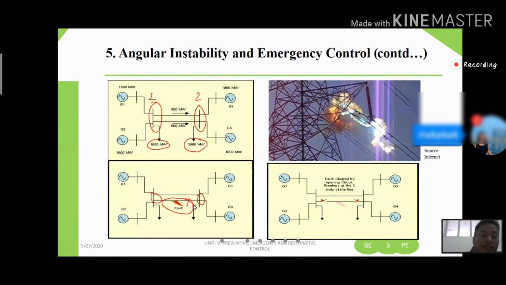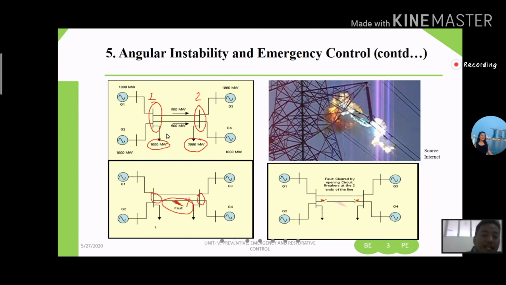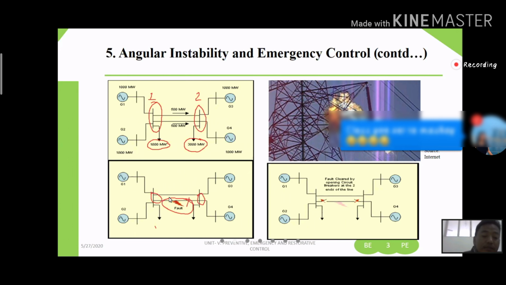When it trips off, here we require a total demand of 1000, and the demand will not trip off. So the total demand required will remain the same, and generation will remain the same; the only thing is that one line is out. But in such a case, we can transmit via the other line, because we can add up 1000 megawatt. Initially it is carrying 500 megawatt, but even when there is a fault in one line, we can still transmit.